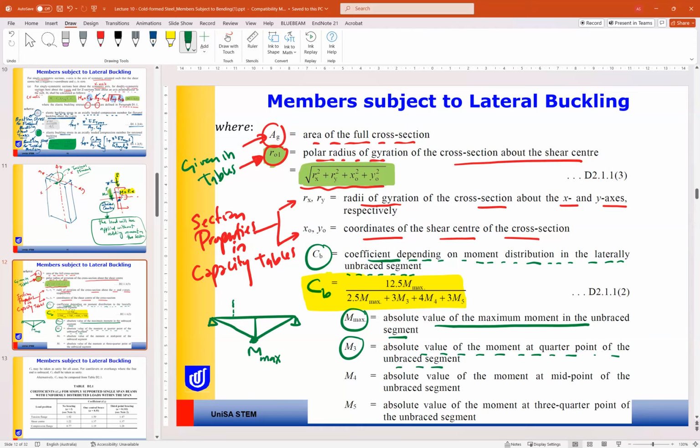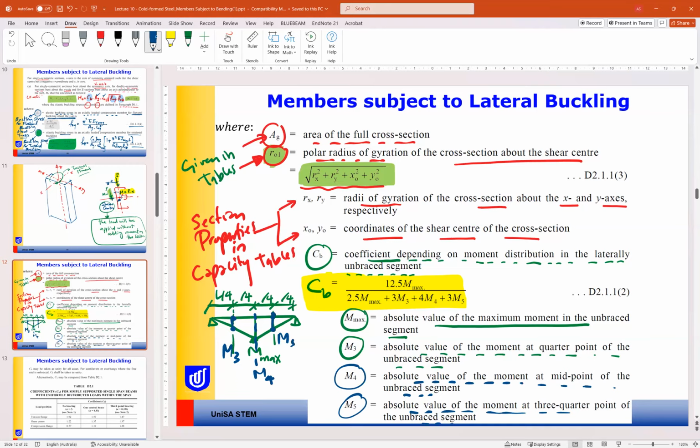So you need to have 4 quarters: L over 4, L over 4, L over 4, L over 4. We need the moment here and here. So M3 is the moment at the first quarter. M4 is the absolute value of the moment at the midpoint of the unbraced segment, so here M4 is equal to Mmax. M5 is the absolute value of the moment at three quarters. So if this is M3, this is M5.